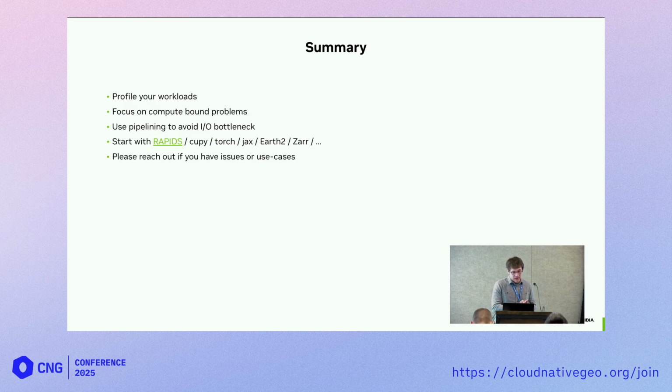Things like RAPIDS libraries, CuPy, Torch and JAX all have this array API that then compiles down to different runtimes. Earth-2 from NVIDIA has a bunch of educational materials, but also models that you can just pick up and use. Storage formats like Zarr have native support for GPUs, so start at the high level and then work your way down as you profile things and realize that maybe there's some additional room for speedup.